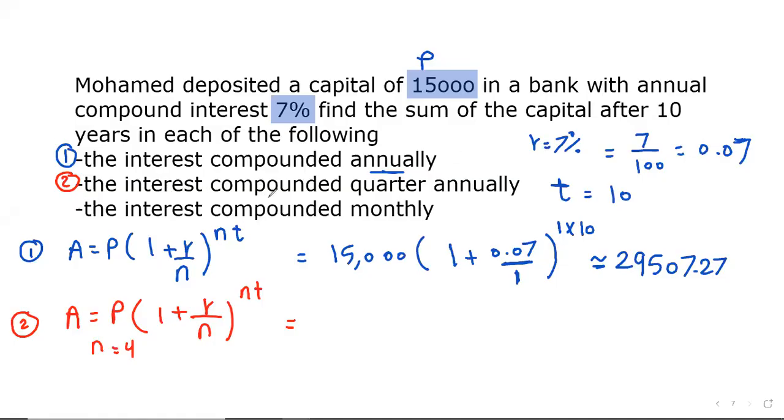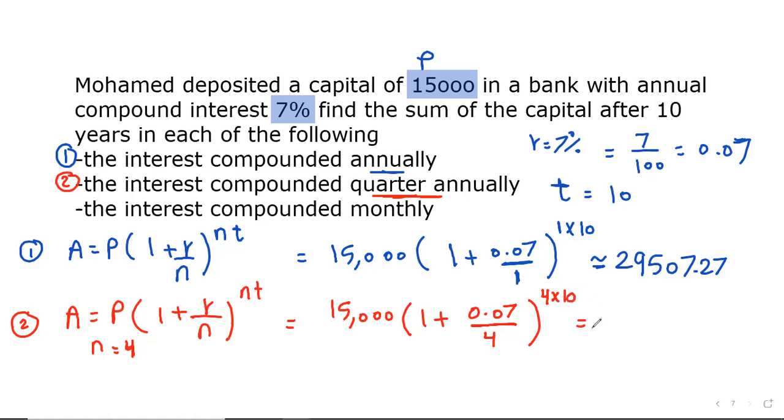I want to find the interest compounded quarterly. The meaning of quarterly is 4 times per year, so n equals 4. Why is that? Because it's quarterly. So write P, 15,000, multiplied by 1 plus r, the rate written in the decimal form, 0.07, divided by 4, all raised to the power of n times t, so it's 4 multiplied by 10.